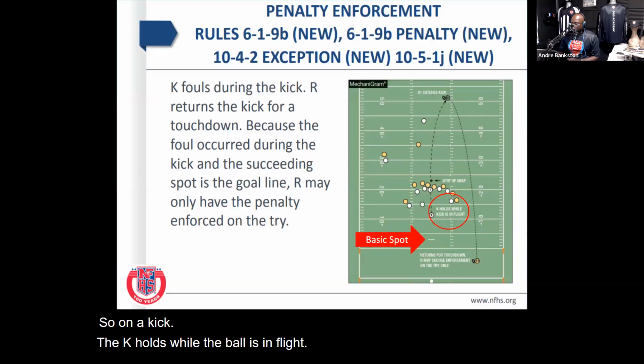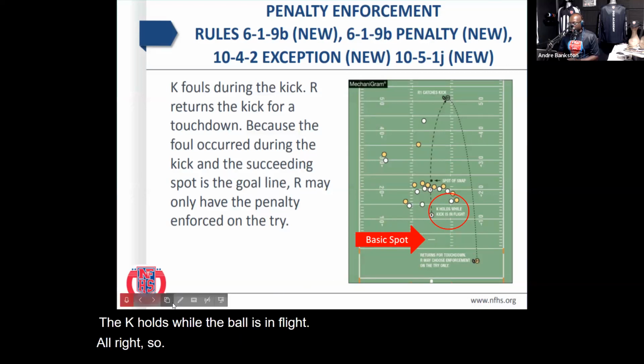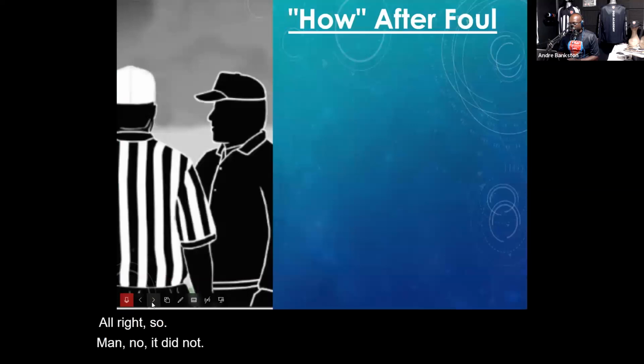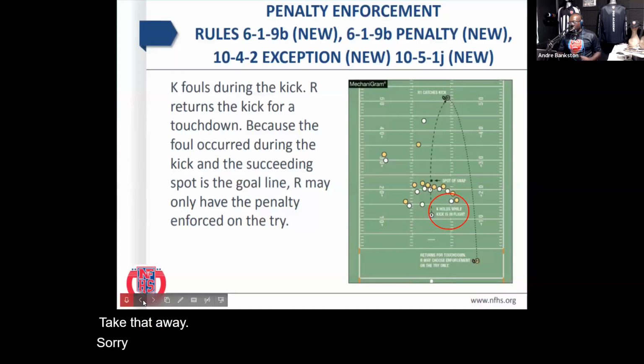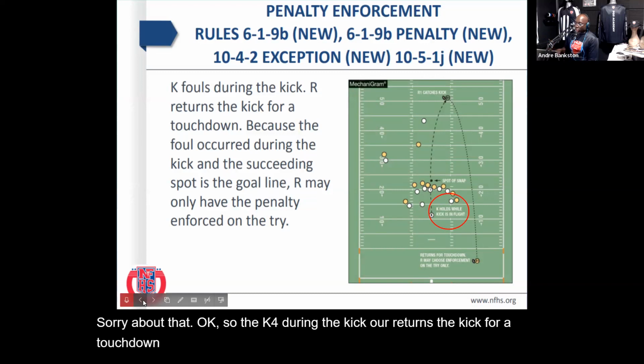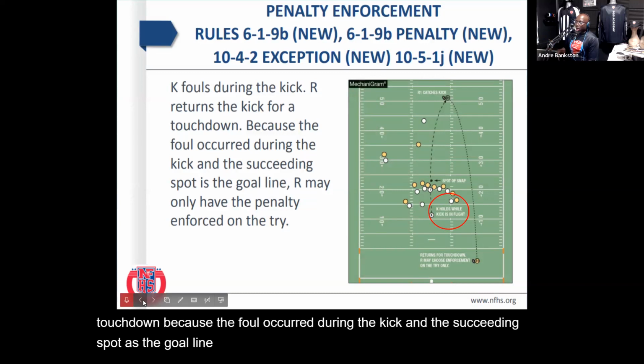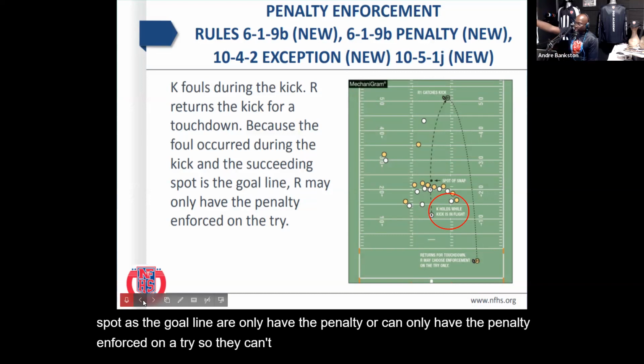So the K foul during a kick, or returns the kick for a touchdown. Because the foul occurred during the kick and the succeeding spot is the goal line, they can only have the penalty enforced on a try. They can't say they want it on a subsequent kickoff.